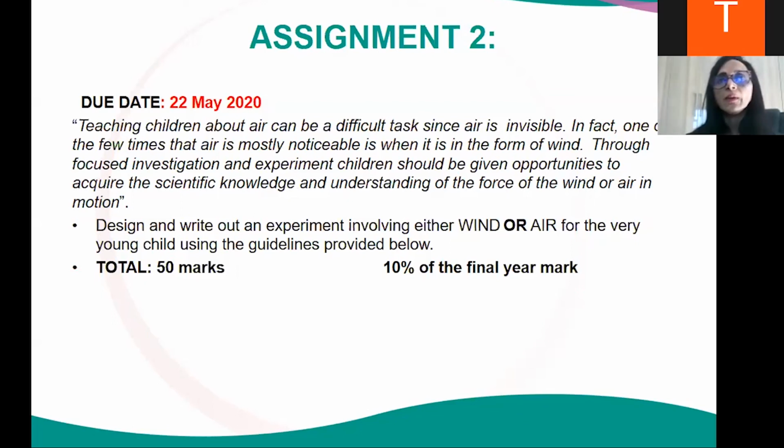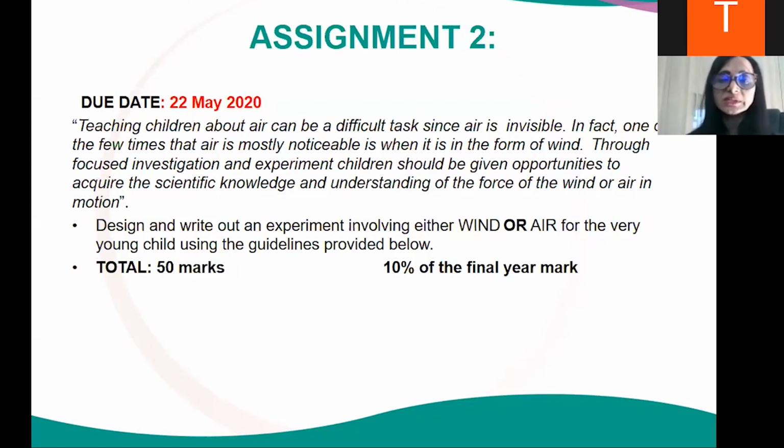Now, many students have been phoning me and are very concerned that they are not in the classroom or could not go for teaching practice, and hence they didn't know how to complete this experiment. Now, you don't have to complete this experiment in a classroom with a group of learners.